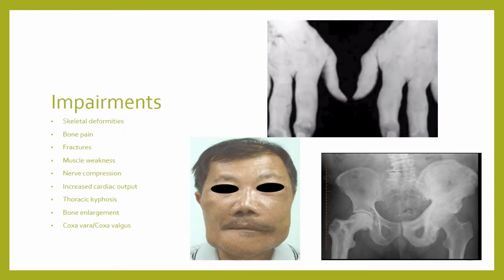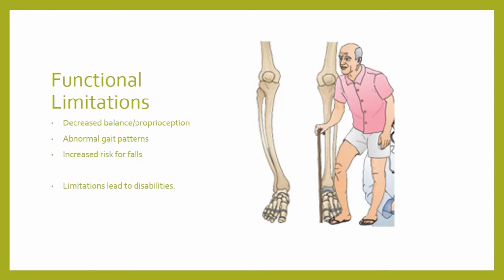Musculoskeletal deformities such as thoracic kyphosis, enlargement of bone, coxa vara, and coxa valga can cause various functional limitations. There is an increased risk for falls due to decreased balance and proprioception. Abnormal gait patterns can also develop from deformities of the trunk and lower extremities.